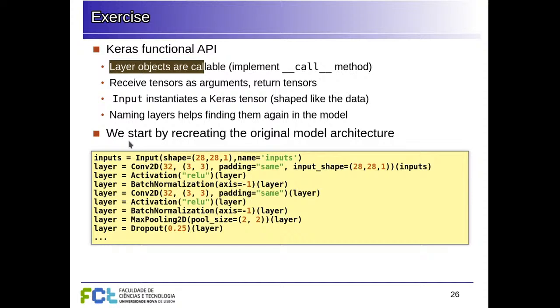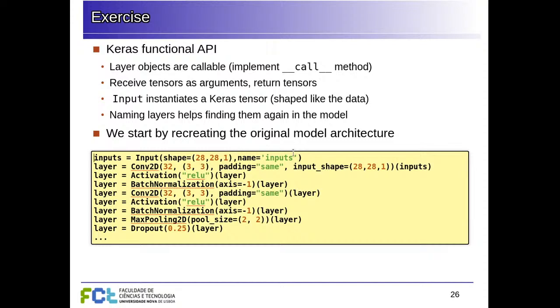And so the way we create a model using the functional API is we start with an input layer. This input layer simply creates the tensor for inputting the data, and here we can specify the shape of the examples. In this case, it's 28 by 28 by 1, which is the shape of the matrices that we're going to use to represent the images.